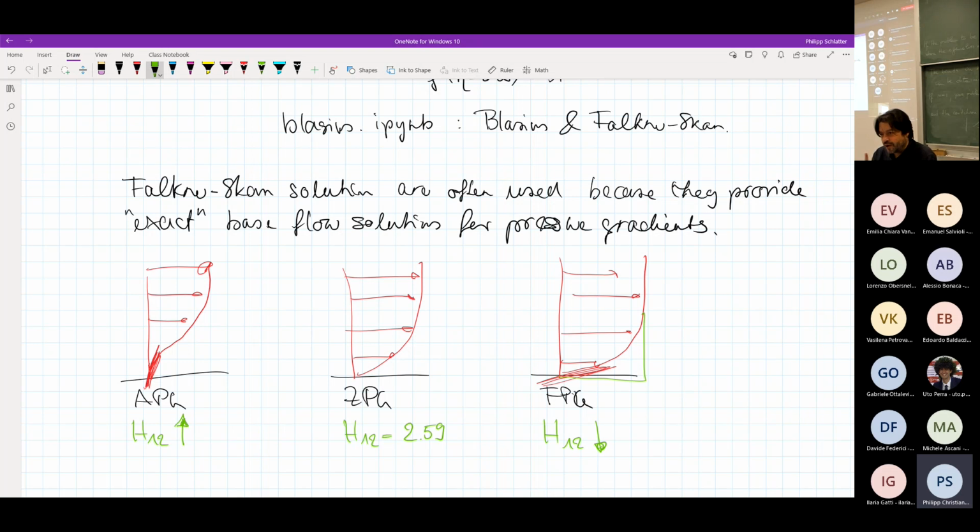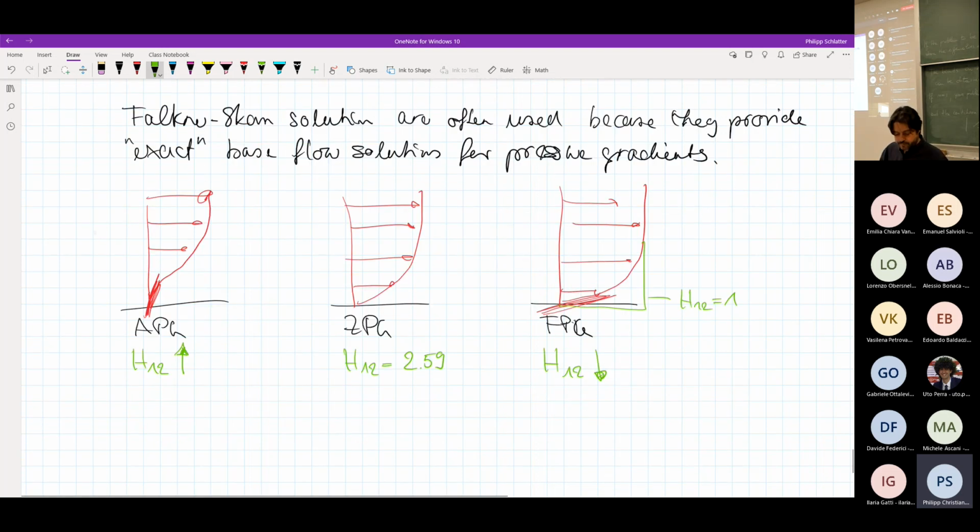No, 1. So this would be H being 1, because in the end, it's a ratio of two thicknesses. In this case, both thicknesses are the same. So that's why it becomes 1. So H is something that goes from 1 to high values. And the thicker it is, the lower the value is.